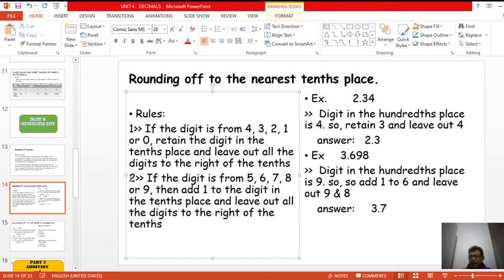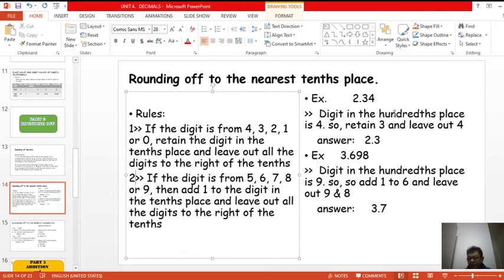Here the next number to the right is the hundreds place. Remember that if we're rounding off to the nearest tens, you only think of the hundreds place. Don't care about any other number. So that's what happened here. The number next to the digit to be rounded off is 4.